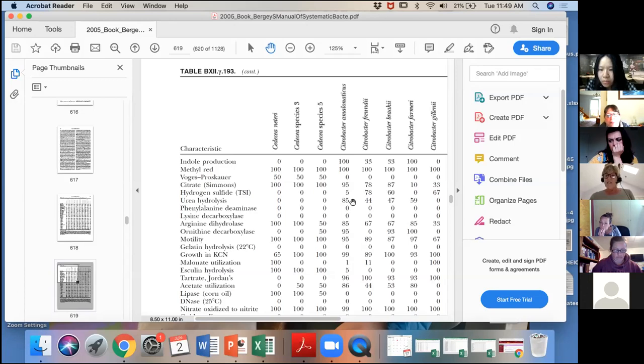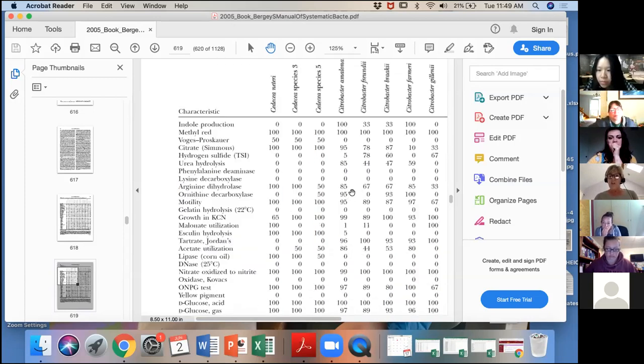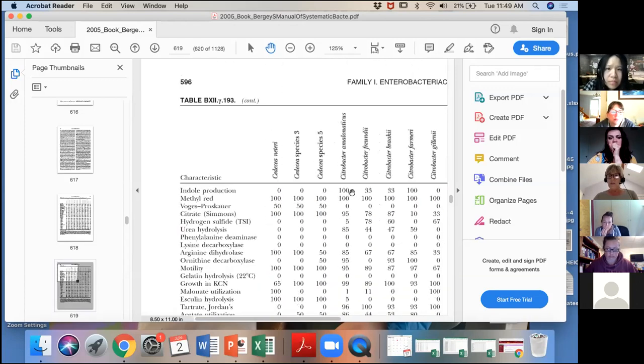Then on the other end, if it's 10 or lower, I call it negative. So basically 10 to 90 is what I call variable. Anything that's 93 or whatever I would say is positive. Anything that's say 5 I would say is negative. That means only 5% are positive. So that's how I do it. So there's charts here, and you look stuff up on the charts.